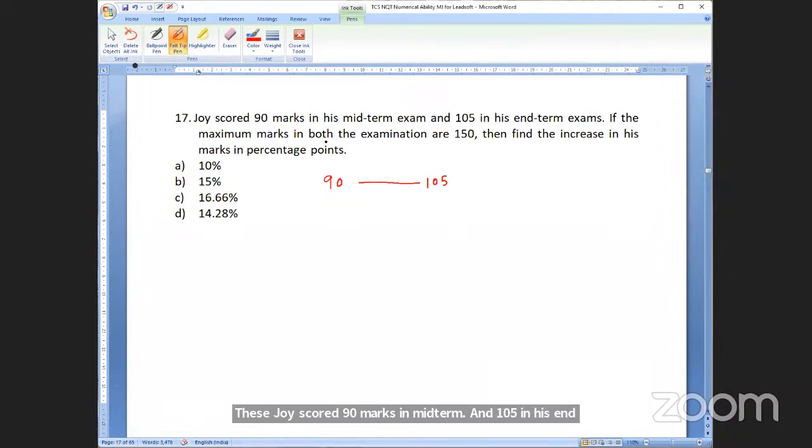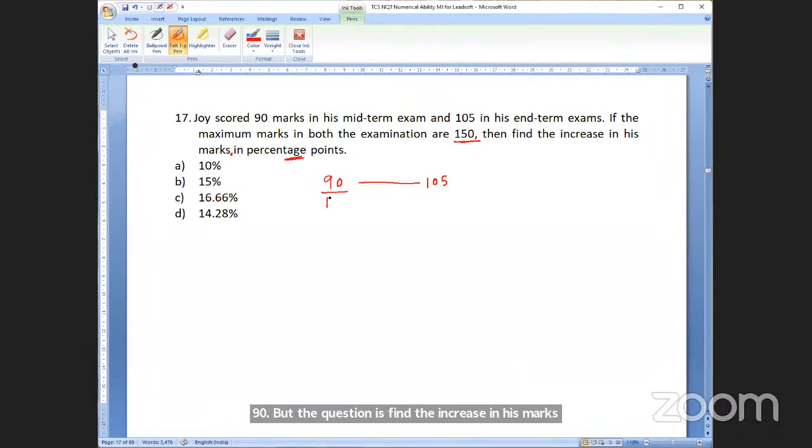If the maximum marks in both the exams are 150, then find the increase in his marks in percentage points. So when it is given that find the increase in his marks, full stop, then this increase will be dependent on this 90. But the question is find the increase in his marks in percentage points.